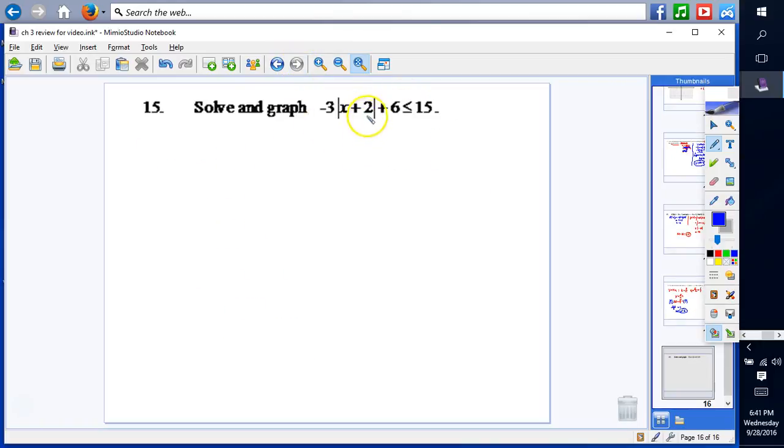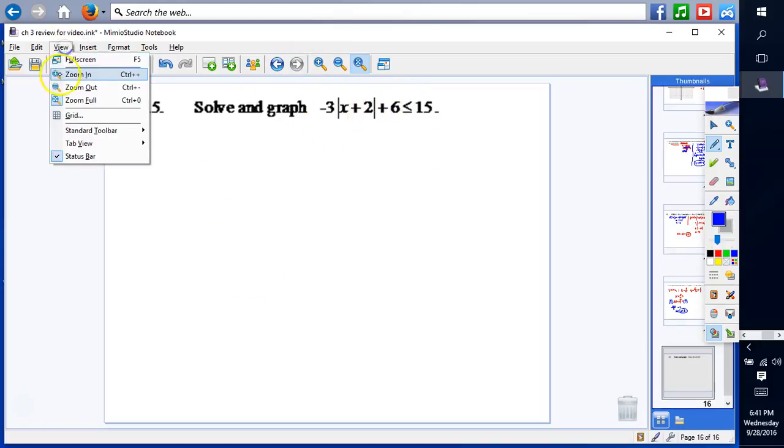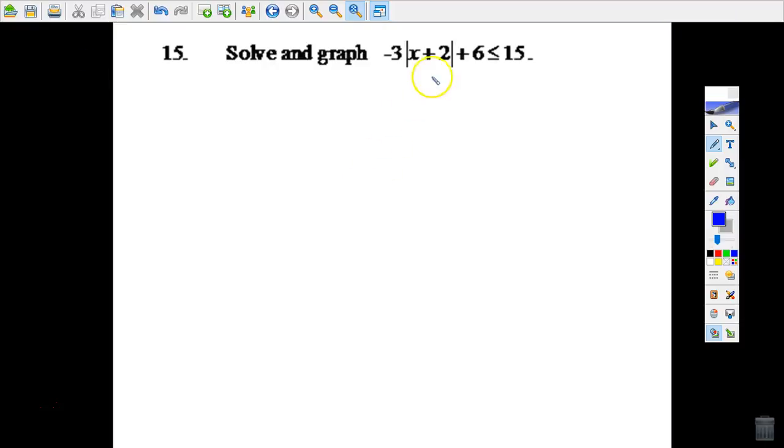All right, just got one more. This is an absolute value inequality, and remember we said you must isolate the absolute value first. That's always a very important first step. And there are 2 steps required to make that happen.